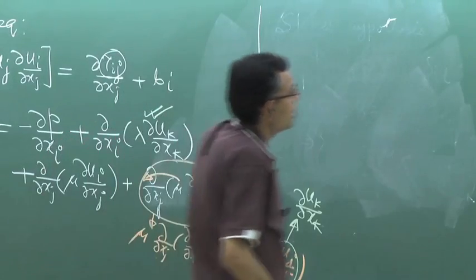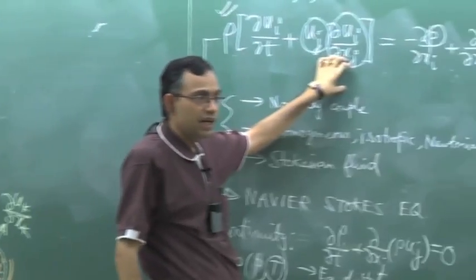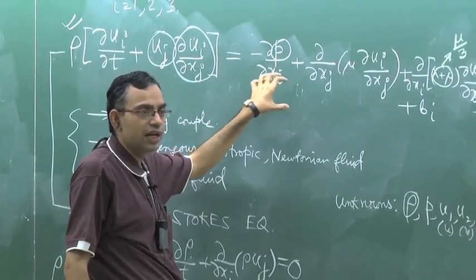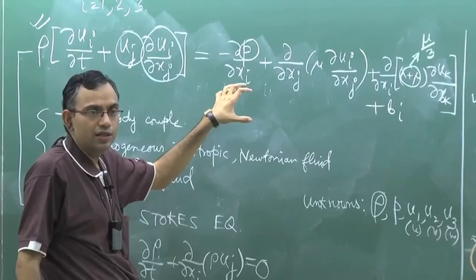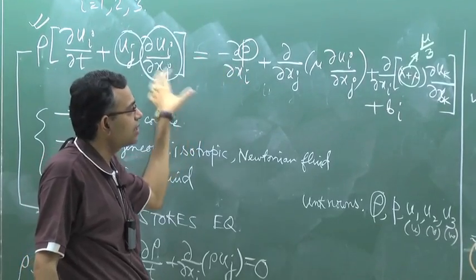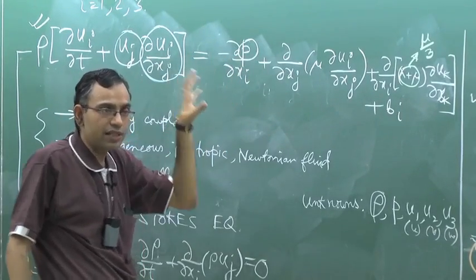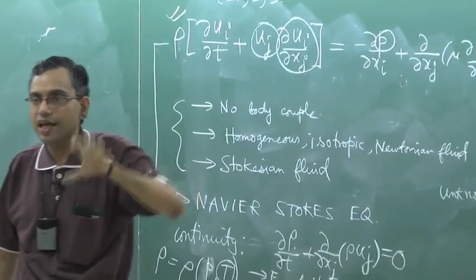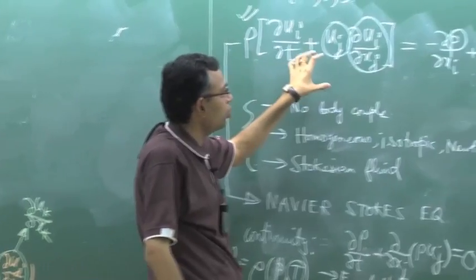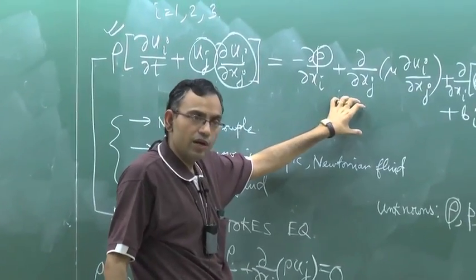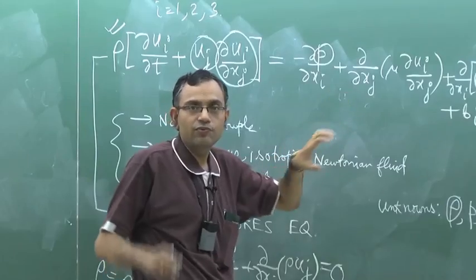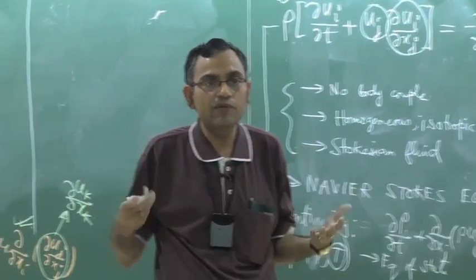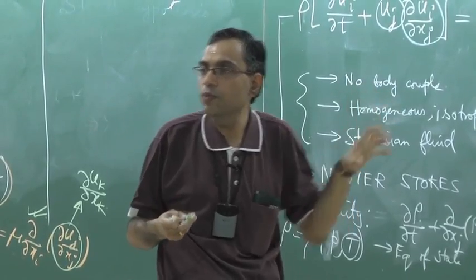Because of this non-linearity and this typical nature of pressure, for which there is no separate governing equation, you cannot normally solve this equation analytically. But for some special problems, which we will discuss in the next lecture, it will be possible to solve analytically; otherwise, for a general situation you need to use computational fluid dynamics or CFD to solve these problems numerically.